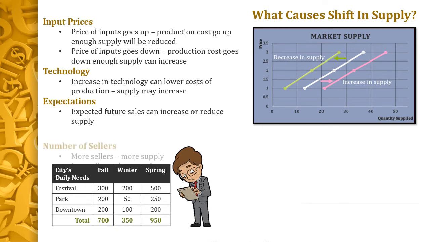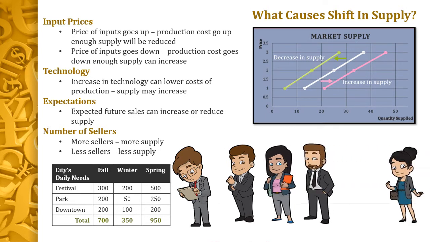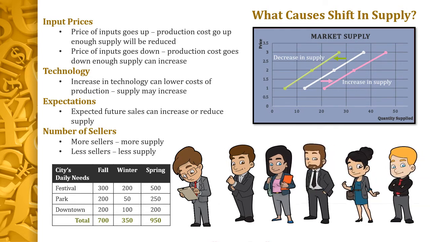So what this poor guy is going to do is think about the number of sellers. So he's going to look at all the people in town who've got food trucks, and maybe he's going to go talk to them. Because what he knows is that if he has more people who sell, then he's going to have more supply. And if he has fewer sellers, then he's going to have less supply.